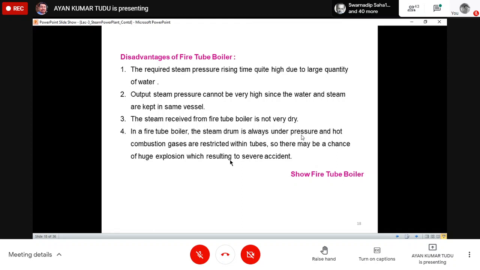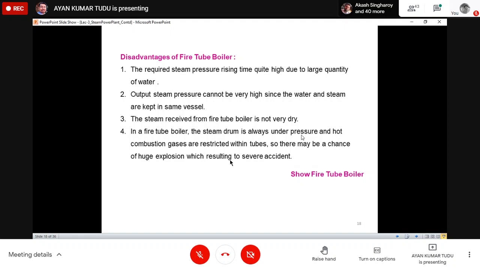Because of uneven heating within the tubes, there may be a chance of a huge explosion. Obviously, that will lead to a very severe accident. That is the disadvantage of using a fire tube boiler.